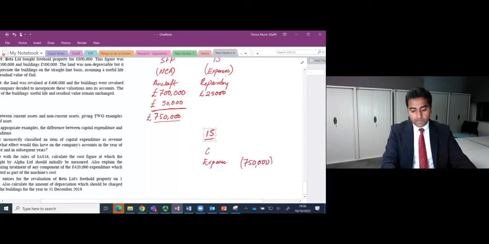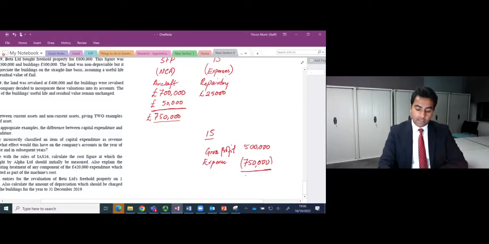Assuming that there was a gross profit of 500,000 already in my books, this means that he incorrectly recorded the capital expenditure as revenue expenditure, and my company is showing a loss of 250,000 now. So a profit has turned into a loss.